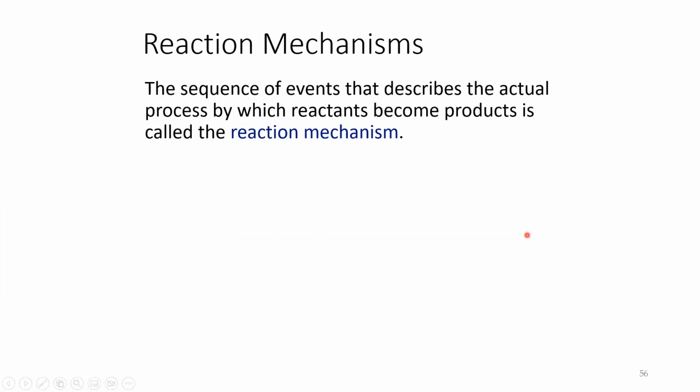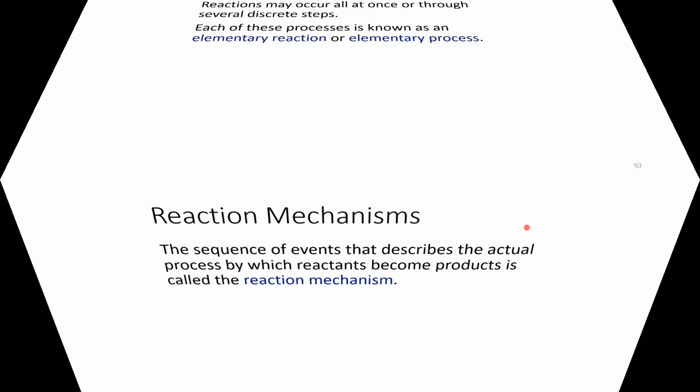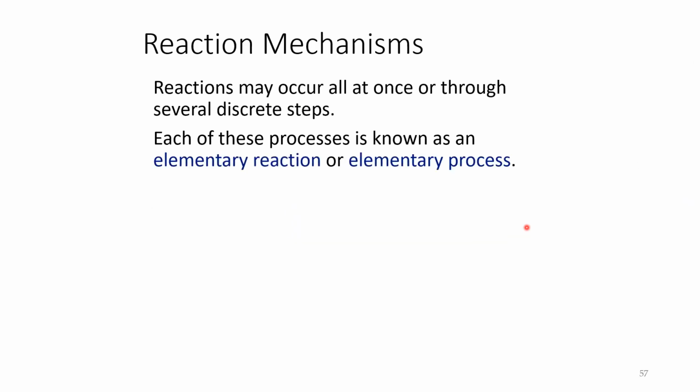And then with these reactions, kinetics, so far we've been mostly focused on the rate of the reaction, how fast does it proceed. But kinetics is also going to be interested in how a reaction occurs. And sometimes it's not just going to be a single step. Sometimes we're going to have multiple steps there. And when we do have those different steps, we're going to refer to them as elementary reactions or elementary processes.